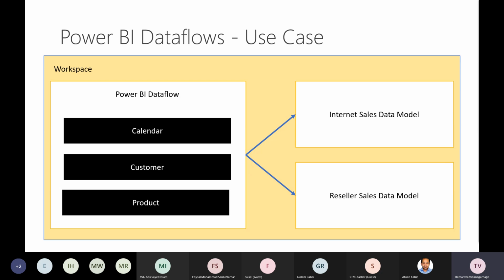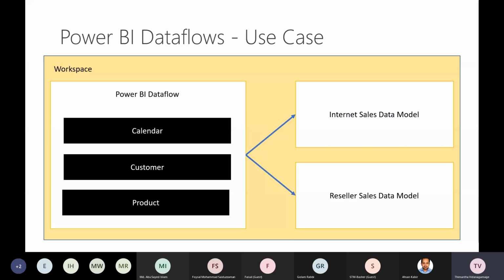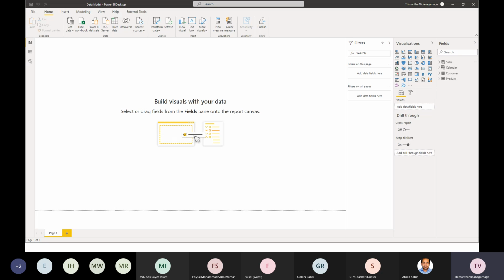And basically, what we'll be doing now is migrating. If I take you back to the data model that I already have, which is the Power BI Desktop data model, this does not need any support. It does not need Power BI data flows to run.